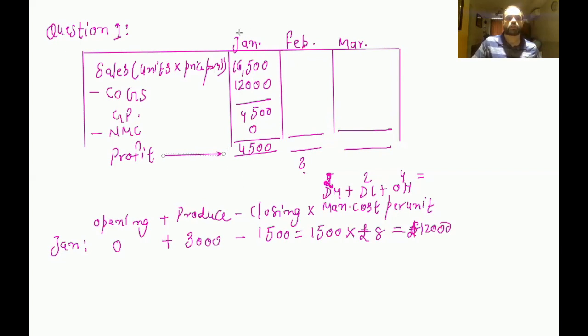Calculate profit for February and March. 6,000 profit.